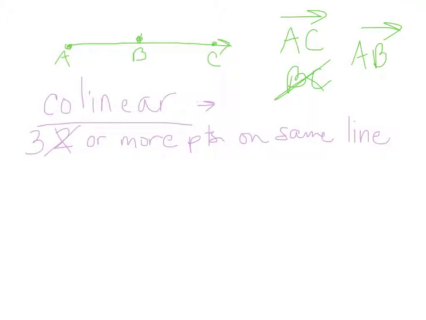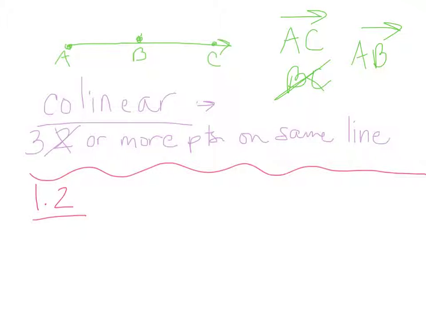They just use an example of three. If one of them's not on the line, then you can't say any of them are collinear, right? They all have to be collinear. So if a point's between two other points, all three of the points must be collinear.